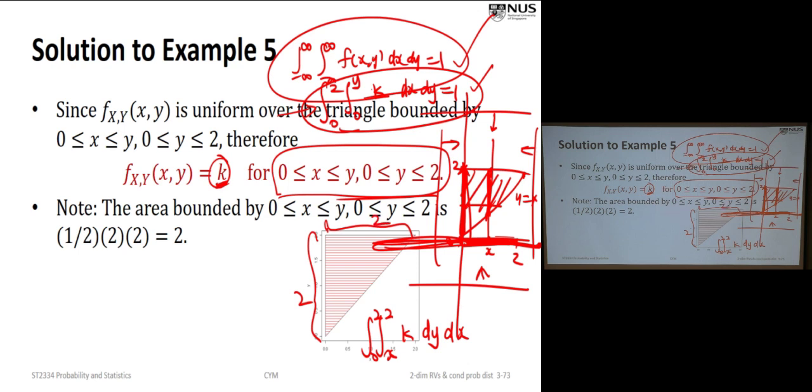Think of it as a flat surface, and the volume under this surface, bounded by this triangle, has to be 1. So the height of this surface has to be 1/2. This is the PDF times the area of the region.